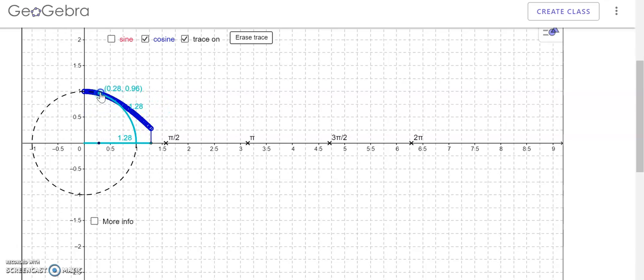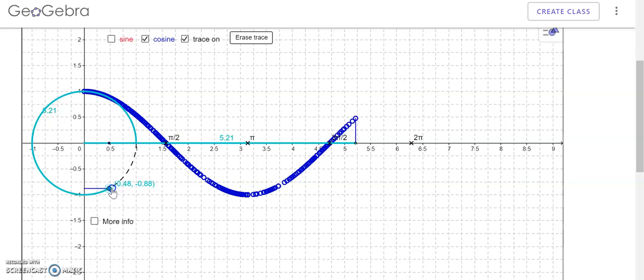So as I plot those values, here we can see that at 90 degrees or π/2, cosine has a value of 0. And then as I go around, at π, cosine has a value of negative 1. As I go around at 3π/2, cosine has a value of 0 again.